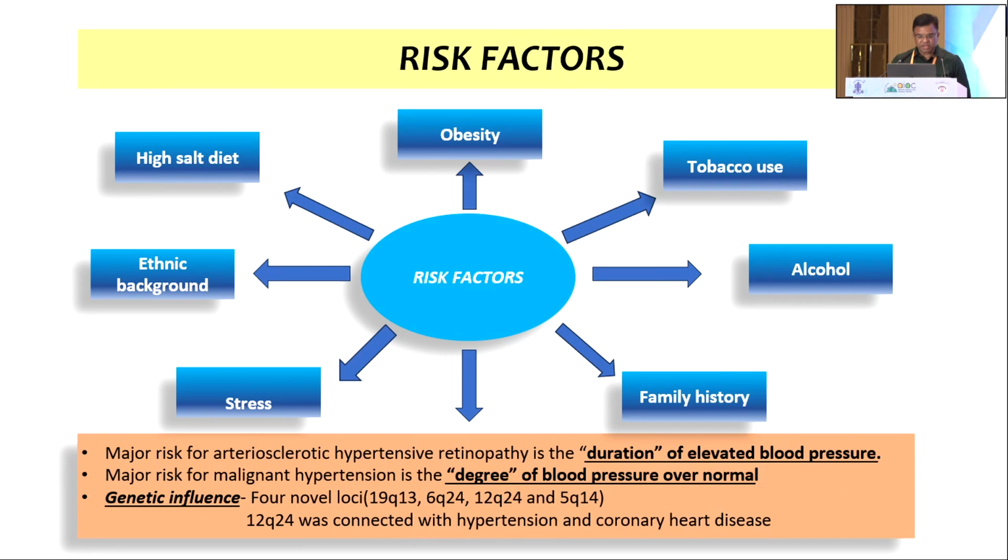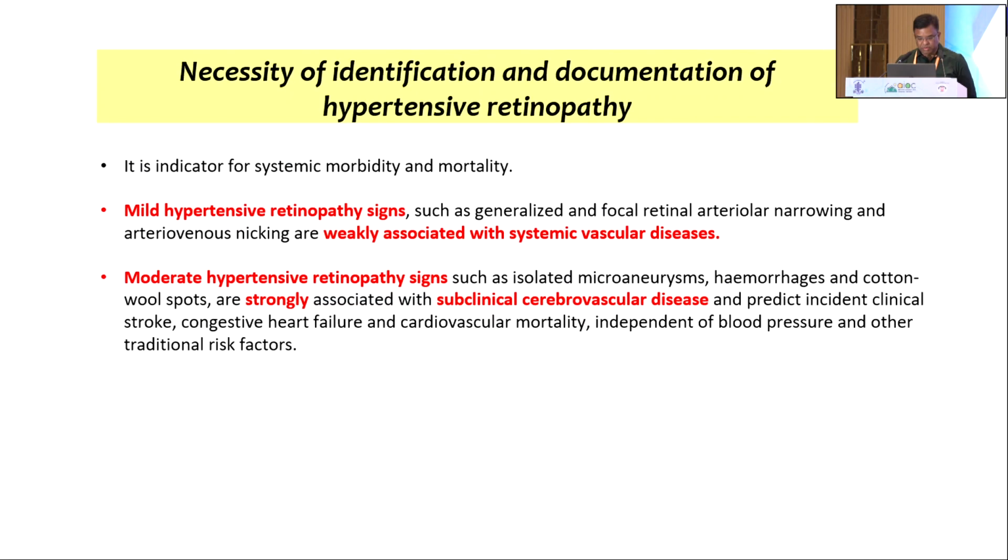The risk factors include obesity, ethnicity, stress, family history, alcohol, and tobacco use. Now, the major risk for atherosclerotic hypertensive retinopathy is the duration of the elevated blood pressure, and the major risk for malignant hypertension is the degree of blood pressure over normal, and genetic influence does have a positive role.